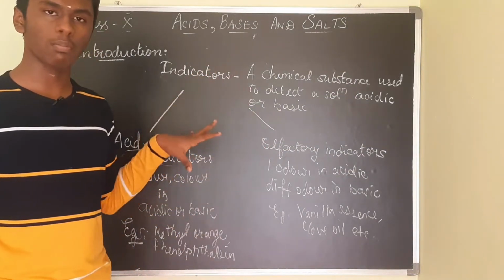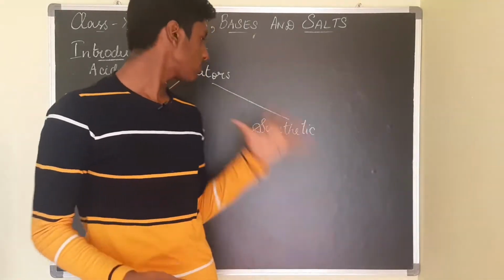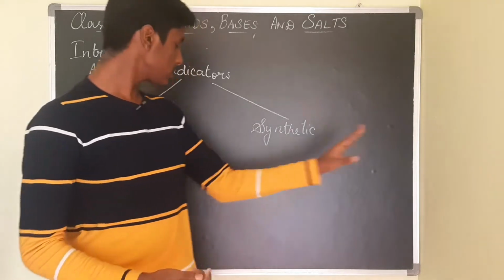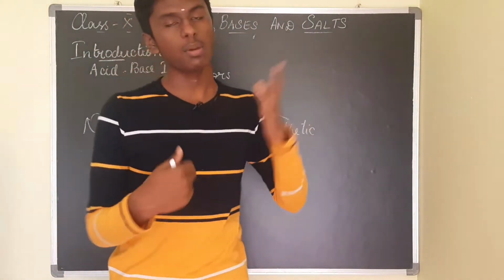Now let's discuss the acid base indicators. Acid base indicators are of two types. One is natural acid base indicator and another is synthetic acid base indicator.